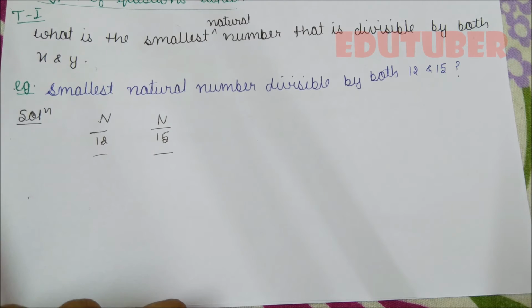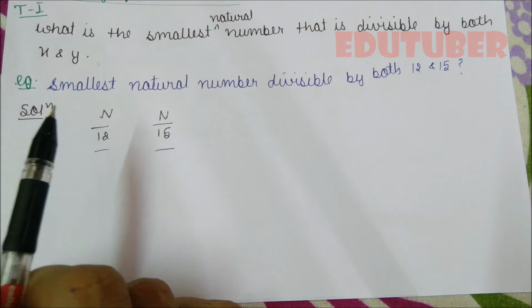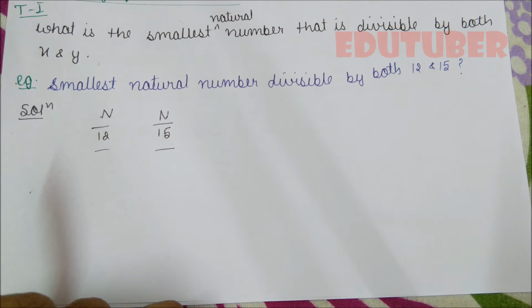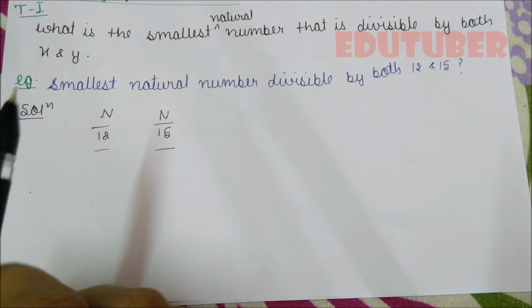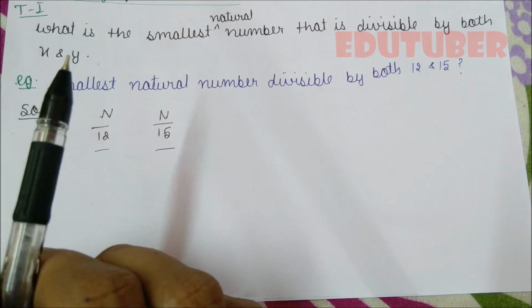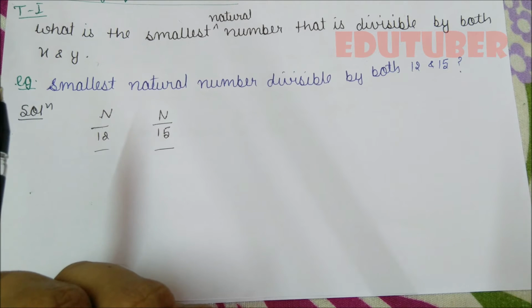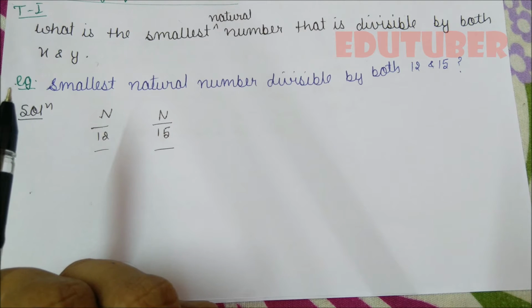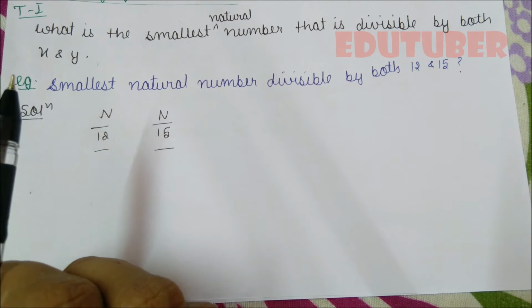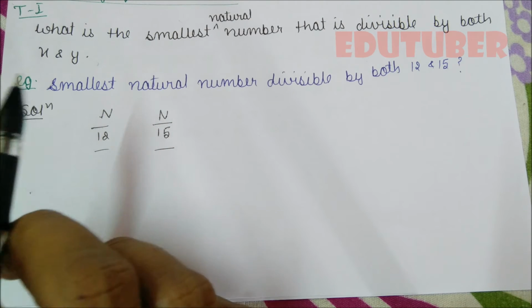If you have understood LCM and HCF thoroughly, you can understand that LCM, that is least common multiple, is the same as the smallest natural number divisible by two numbers. What is a multiple? A multiple is a number that is divisible by both the numbers. Also it is given common and least.